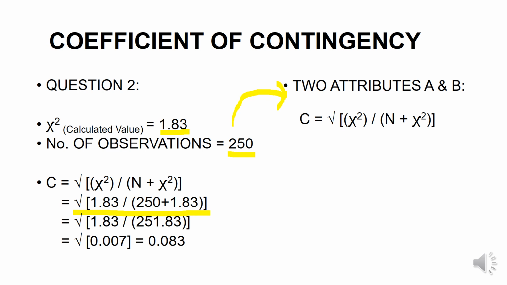Solving this further, when 1.83 is divided by 251.83, we get a value equivalent to 0.007, and the square root of 0.007 is equivalent to 0.083. Students, kindly note that when the chi-square calculated value is of lower order with a higher number of observations, the coefficient of contingency will tend to decrease.